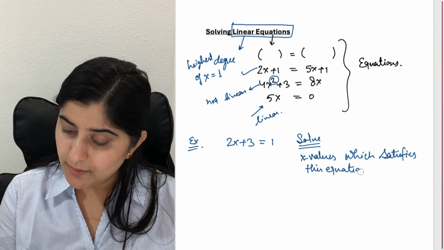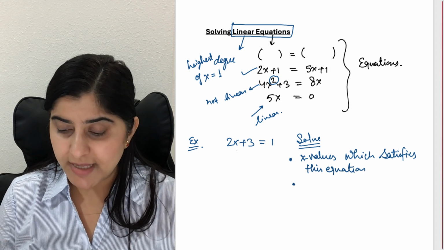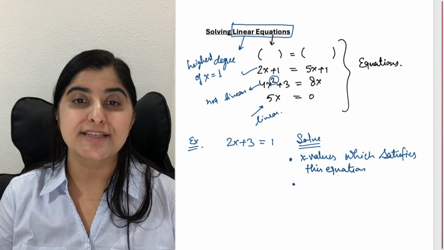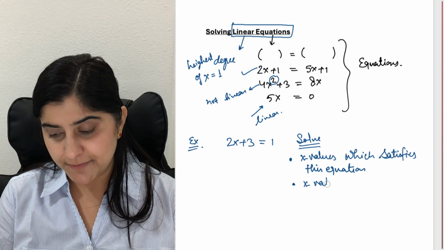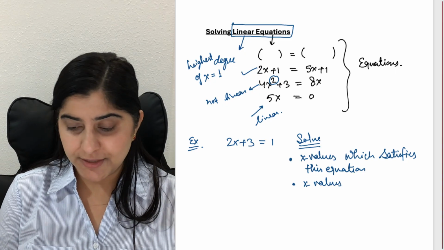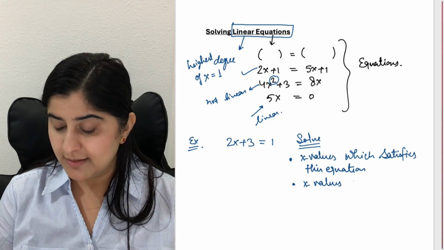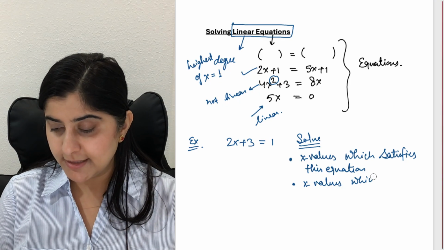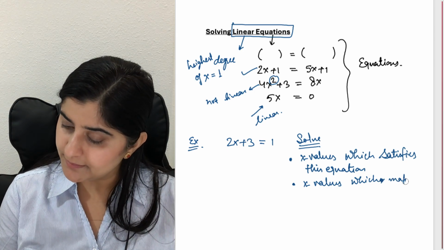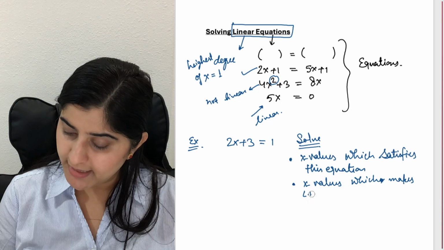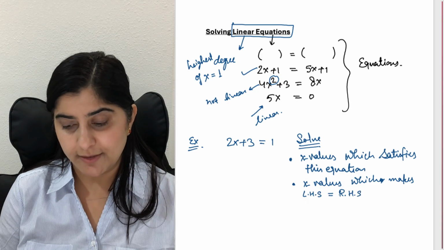In other words, x values that satisfy this equation make the left hand side equal to the right hand side. So when you substitute those values in the equation, we get left hand side equals right hand side.